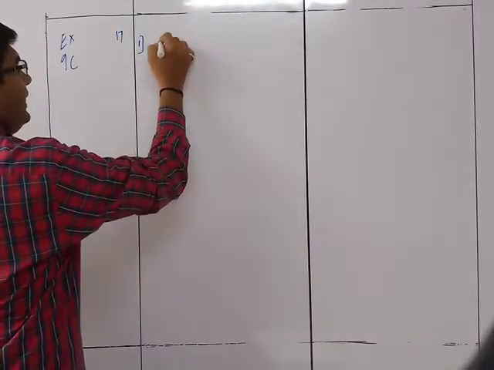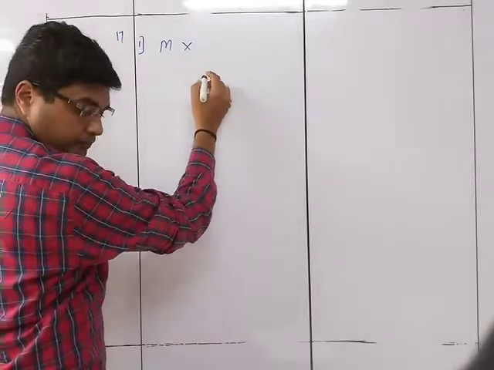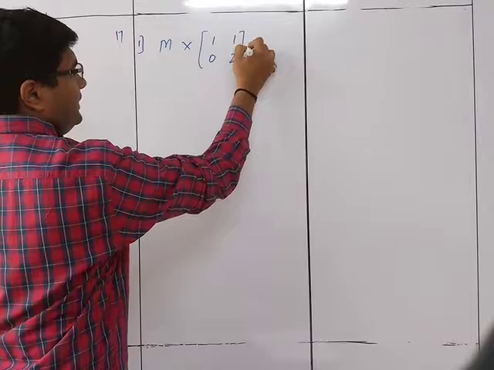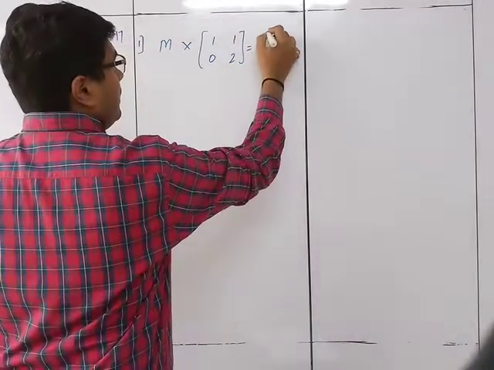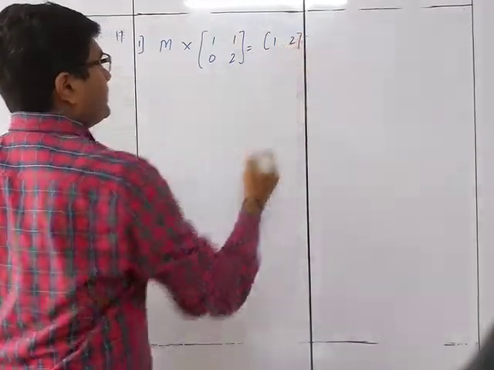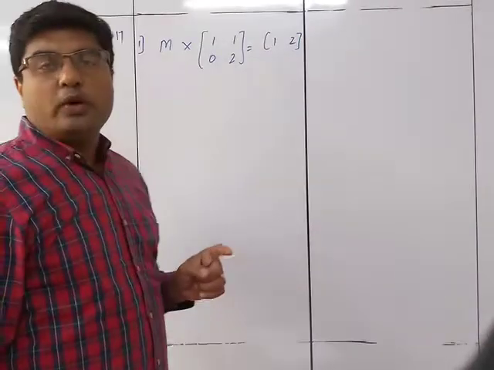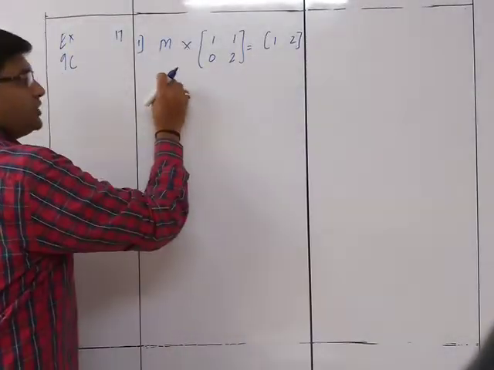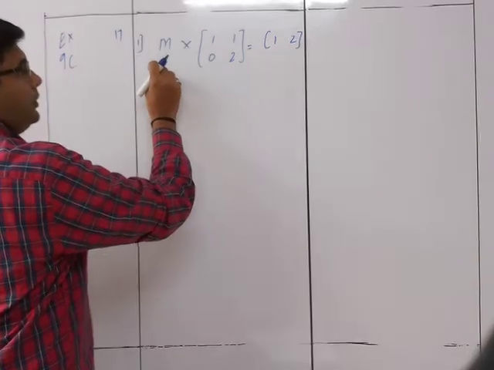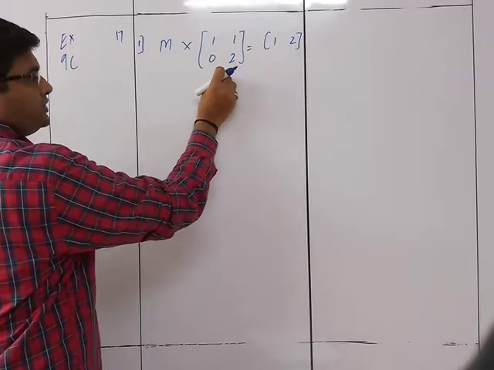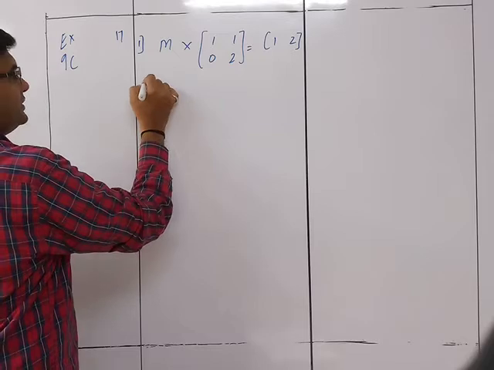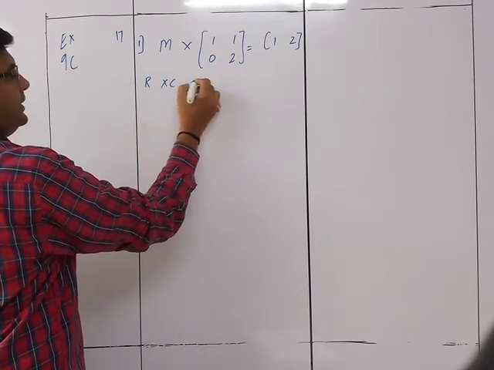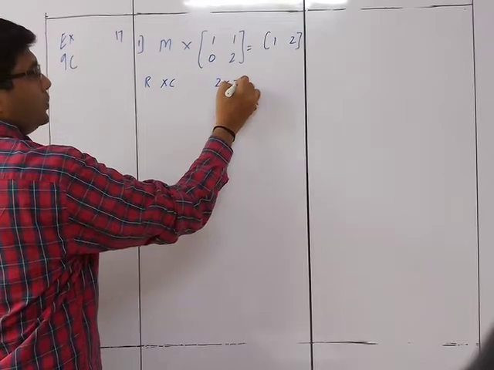We have M into [1, 0; 1, 2] is equal to [1, 2]. So first they asked me what is the order of matrix M. So we know very well that multiplication is possible only if, let's take M as R into C and this is 2 by 2.